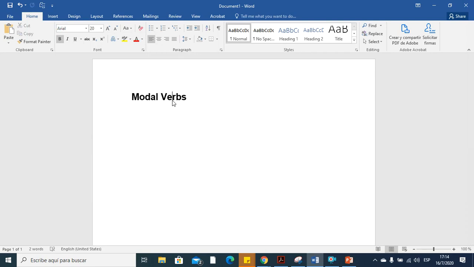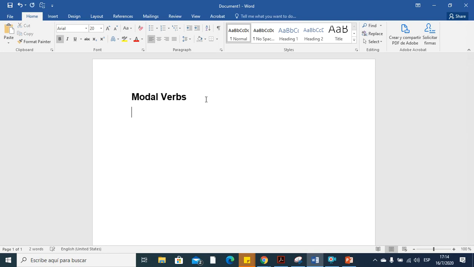It translates to modales in Spanish. En este caso sería una especie de verbos modales. Pero como no existe tal cosa como verbos modales, we just call them modal verbs because they refer to different things.